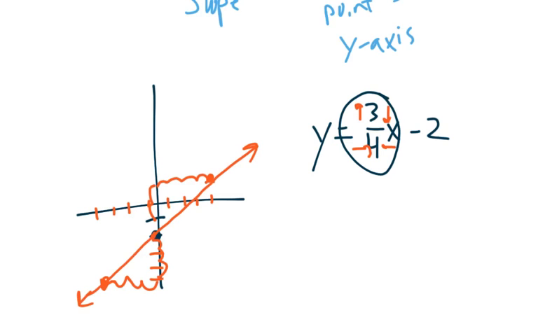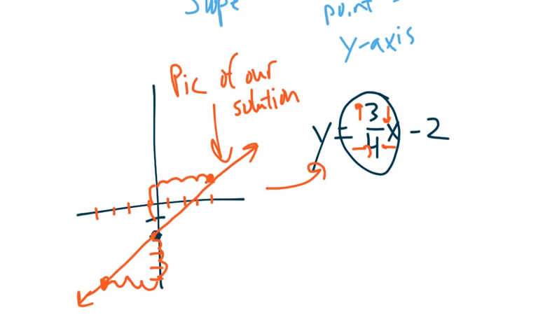And when we're drawing these lines, we want arrows pointing off infinitely in both directions, because the idea here is that this line is a picture of our solution. We can take any point, whole numbers or not, and pluck it from that line, and it will make this equation true. So that's graphing in a nutshell there.